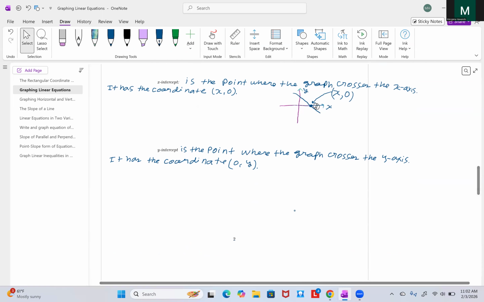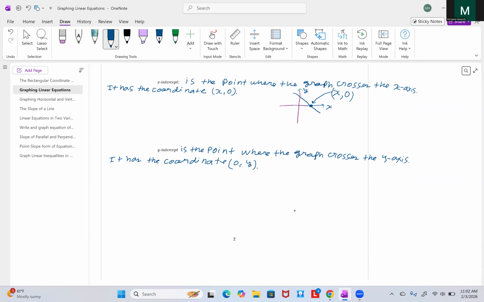And we have the y-intercept. The y-intercept is the point where the graph crosses the y-axis. So we have the x and y axes here, and the point where the graph crosses the y-axis is called the y-intercept. And it has the x-coordinate 0, and the y-coordinate is y. Okay?